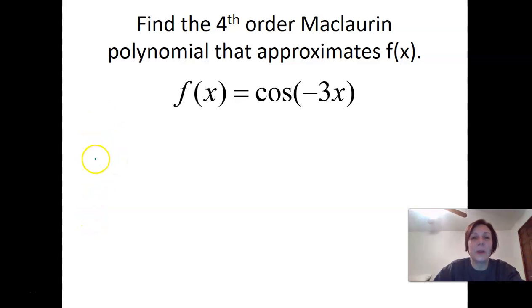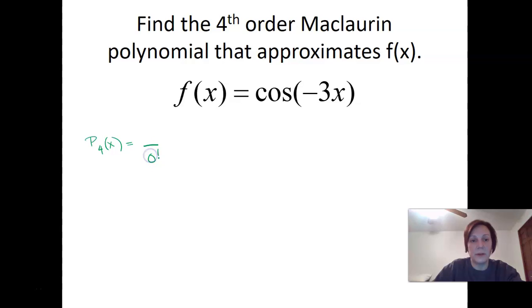Let's do it. Let's write the 4th order Maclaurin that approximates the cosine of negative 3x. All right, so 4th order. So I'm going to say P4 of x, and I'm going to write my shell of my series out to the 4th power.